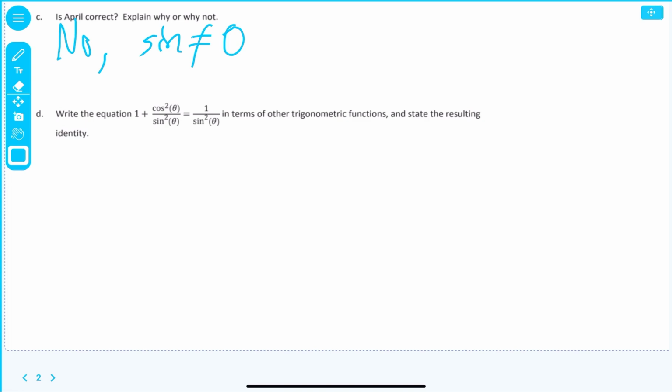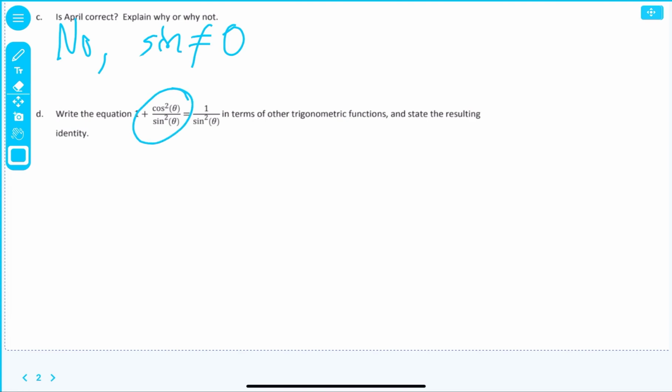If you have sine and cosine, can you have tangent? Yeah, because tangent's just sine over cosine. So you can rewrite these in different terms. So look at this right here.